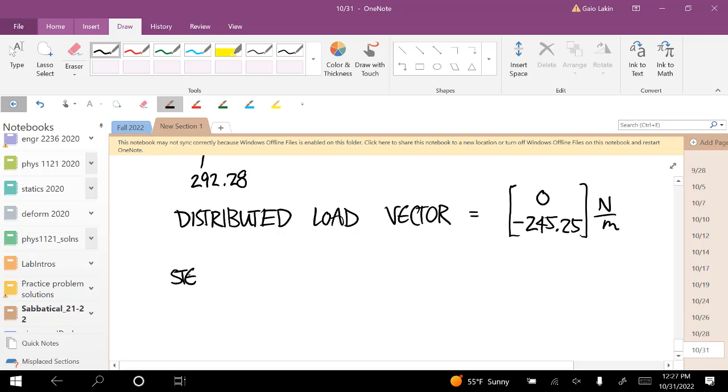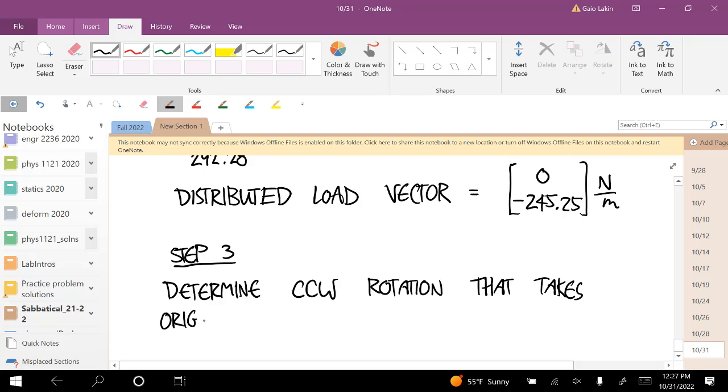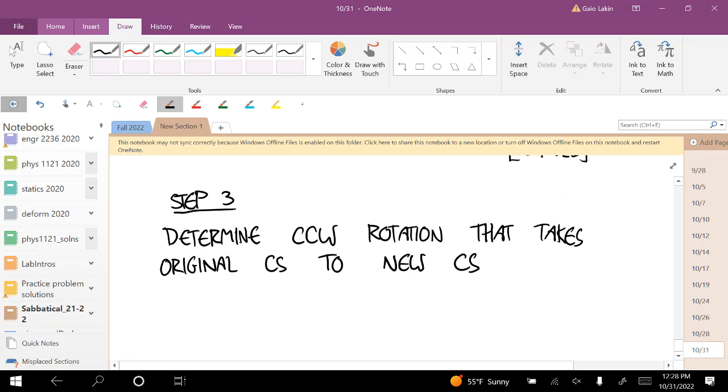Step 3. Determine the counterclockwise rotation that takes the original coordinate system to the new coordinate system, and what we want from that new coordinate system is that the x-axis has to point along the beam.